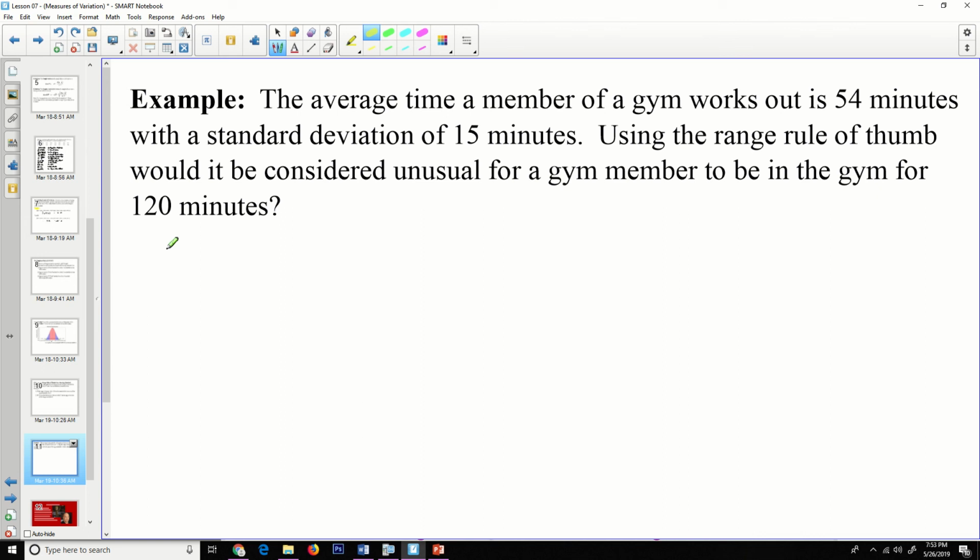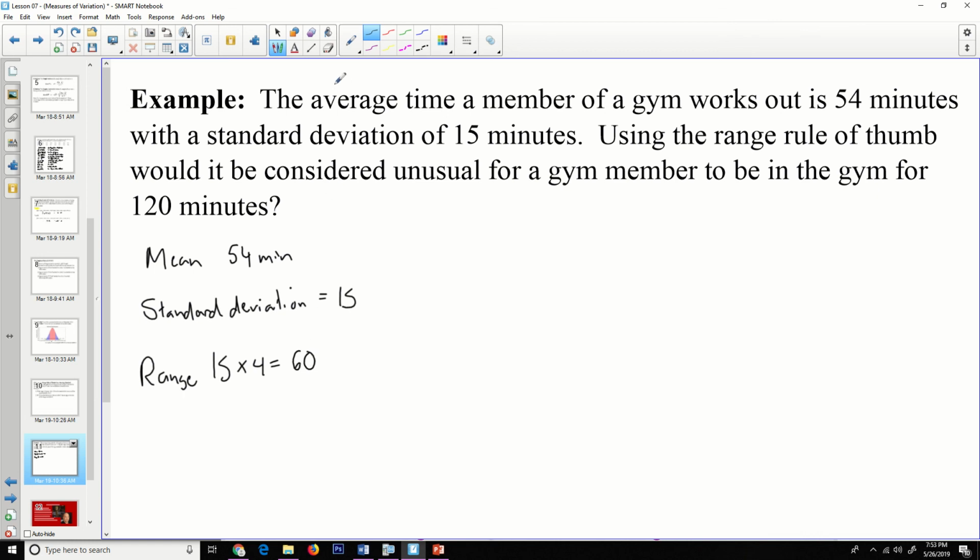Okay, so I know my mean value is 54 minutes, and my standard deviation, I suppose I could have used sigma for this, was 15.